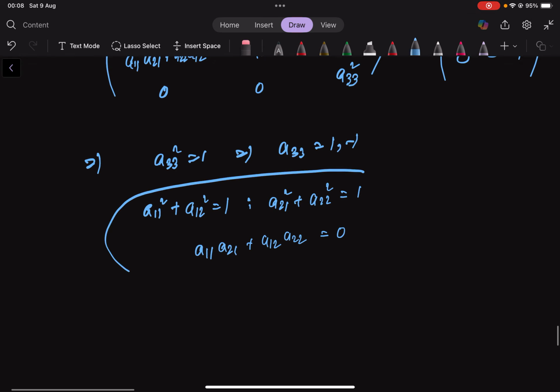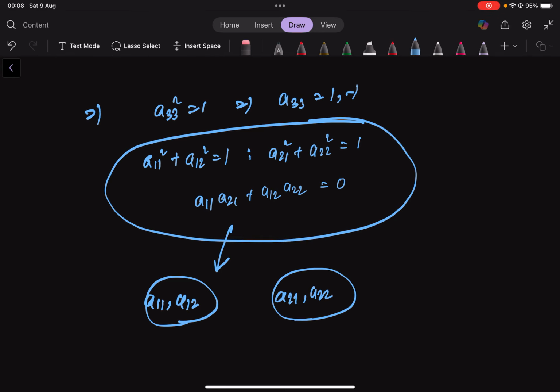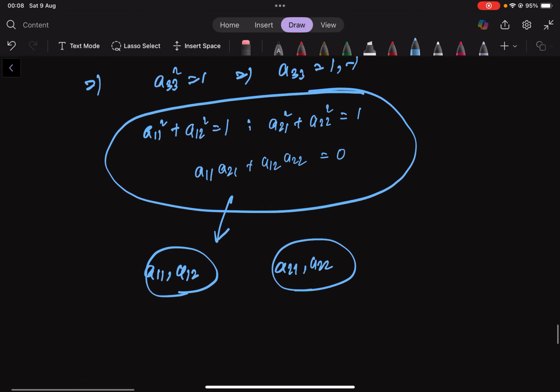So now if we observe these, we can say the number of possibilities will be, out of A11, A12 and out of A21, A22, one must be 0 and the other must be 1. So out of those 2, I am choosing 1 to be 1, and I am choosing 1 to be 1.